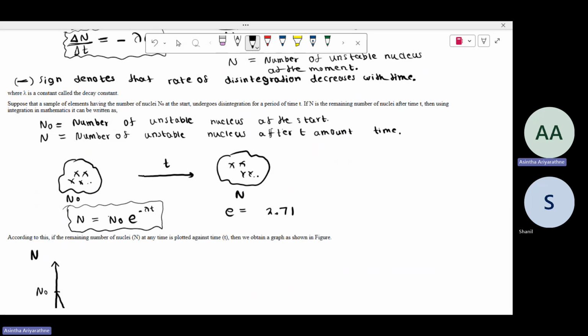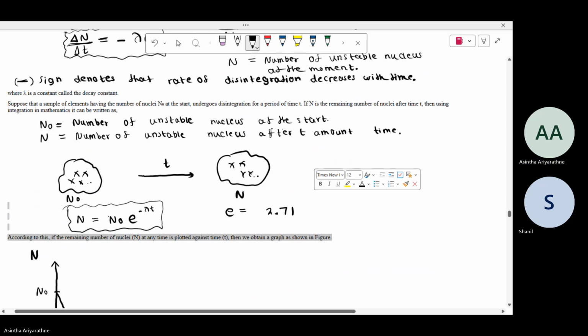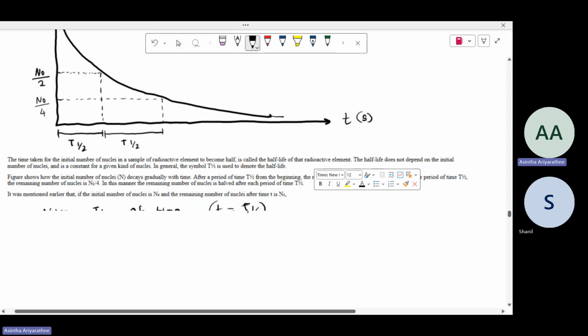Haven't you learned about the natural logarithm? This is that E. Yes, I know. The inverse of the natural logarithm is the exponential, so that's how I derived it here.